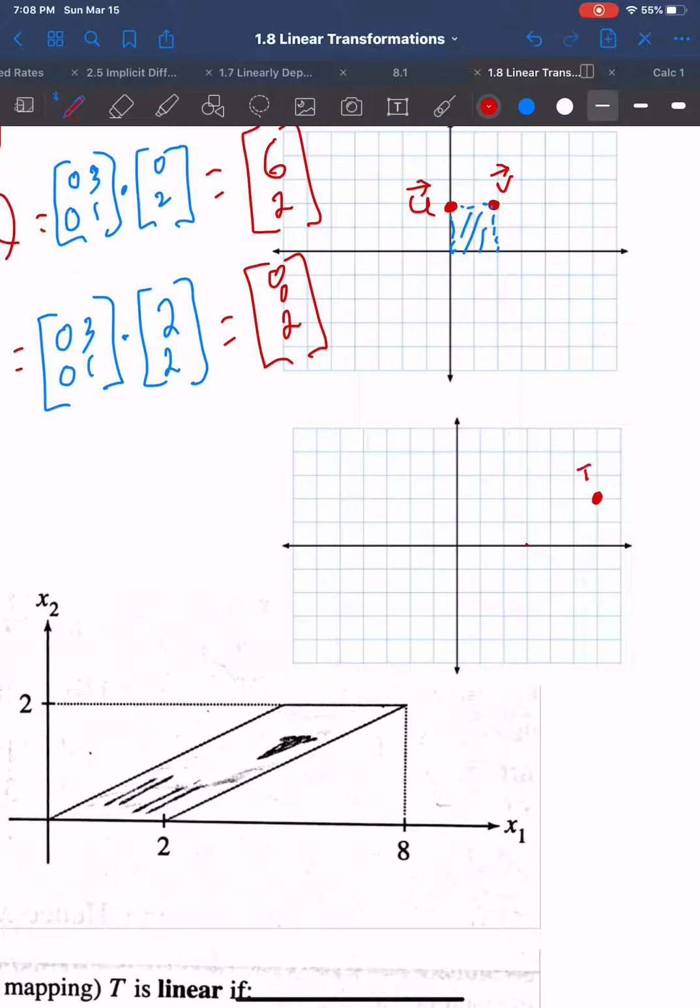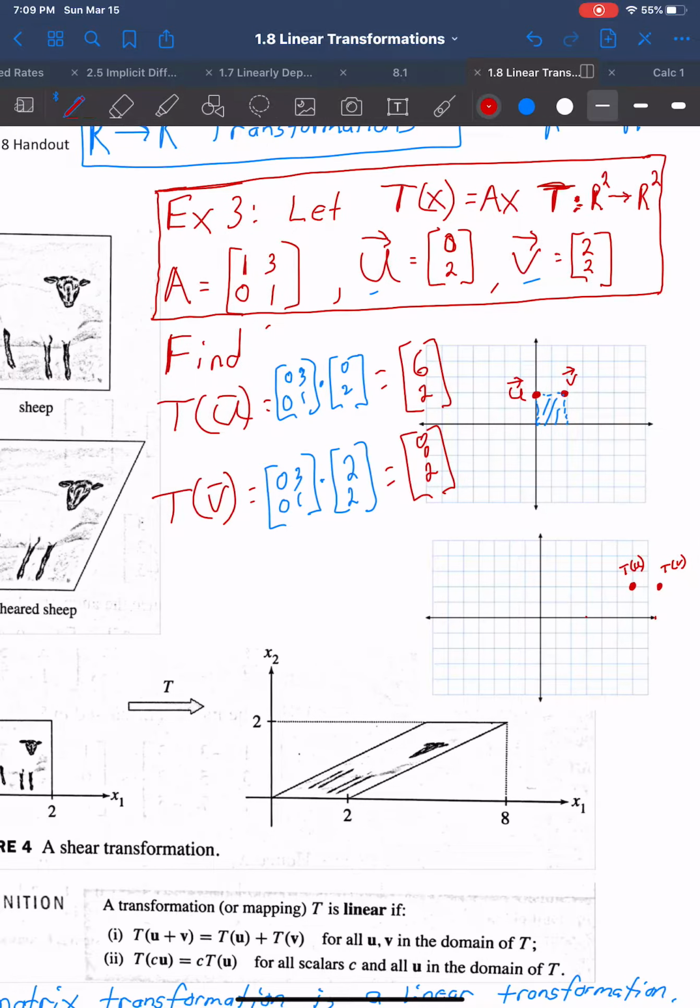Now this is T of u. And then let me move to the right 8, so I'll have to go out a little bit more, and then up 2. And now this would be T of v. Okay. So notice that we have a rectangular shape in figure 1, and now you can see the shear.